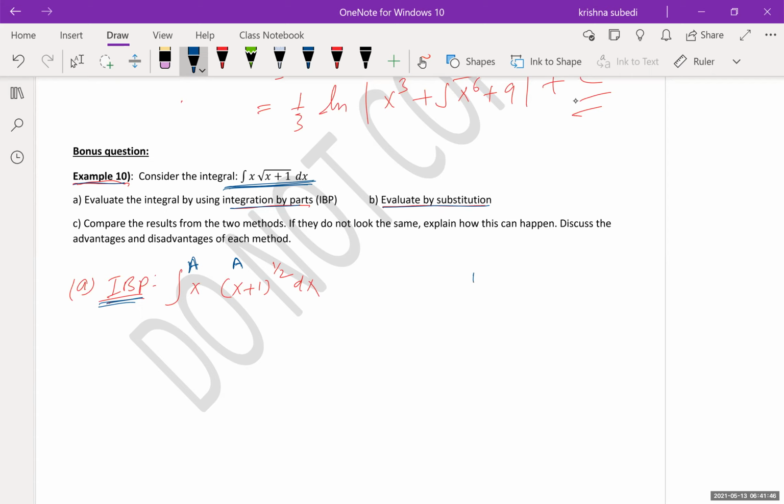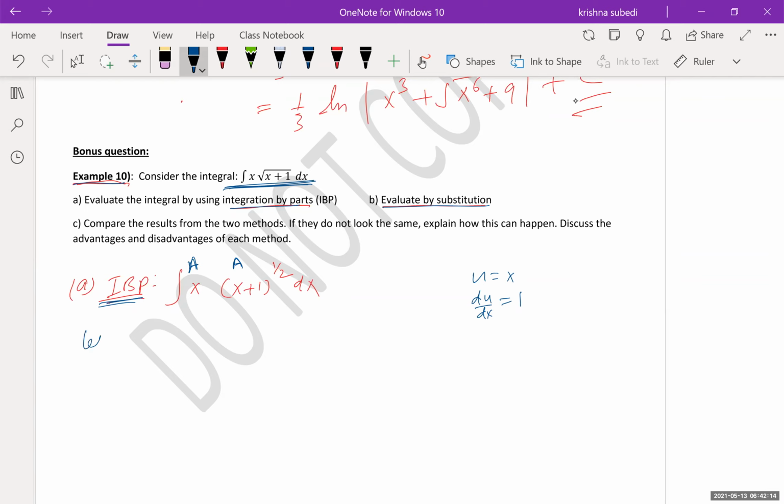So if you suppose u to be x, the derivative du over dx becomes simpler. If you suppose x to be dv, dv is x dx, and if you do the integration, it gets bigger and bigger, x squared over 2. So I think life will be easier if you suppose u to be x.